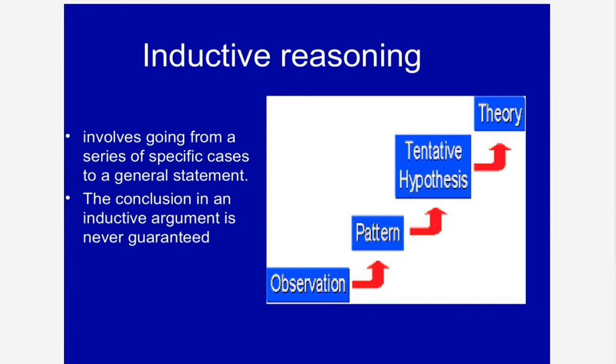So when I say this child is behaving in this manner, maybe this child had a certain mishap when that child was young. And so when we develop theories, we are basing them on certain observations and the patterns that came up. And therefore, tentative hypotheses were generated and theories were generated.